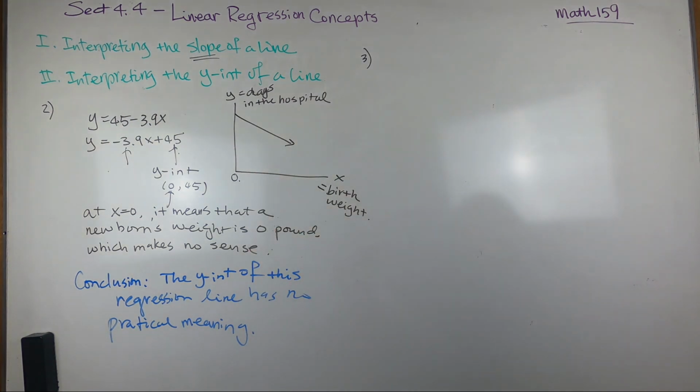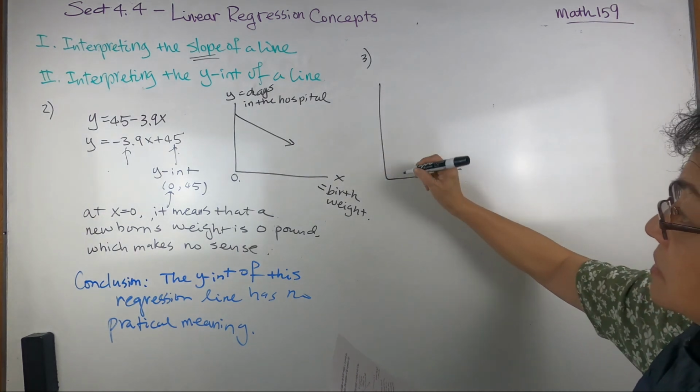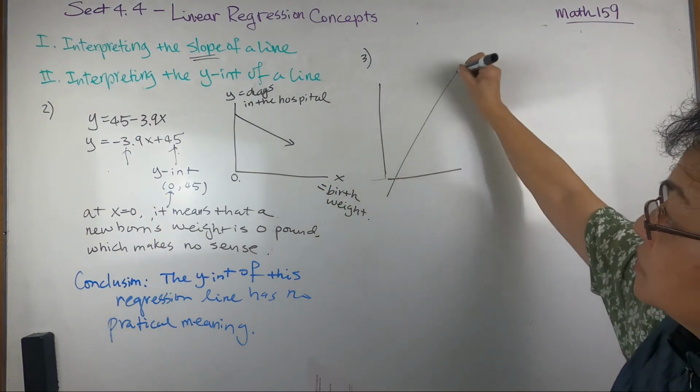Okay, so let's look at number 3. Let's see whether the y-intercept has a meaning or not. It says a researcher asked several people, how many cups of coffee did you drink last week? And how many times did you go to a shop or restaurant for a meal or a drink last week? The scatter plot and the regression line from the study are shown below. It shows some regression line here.